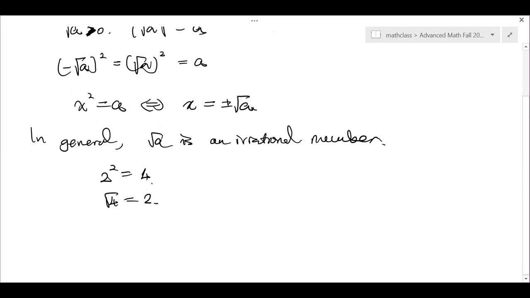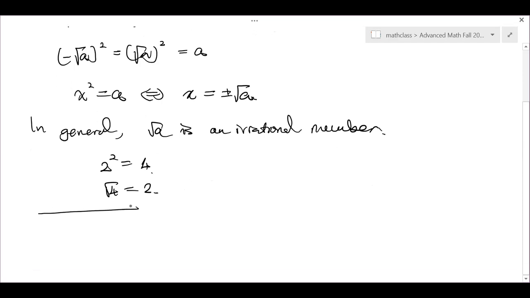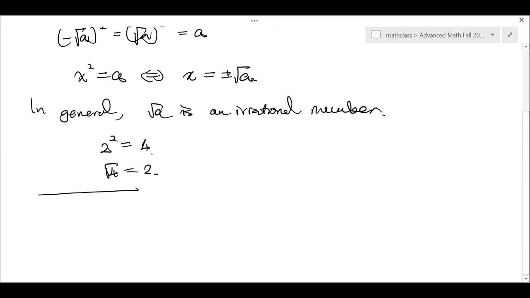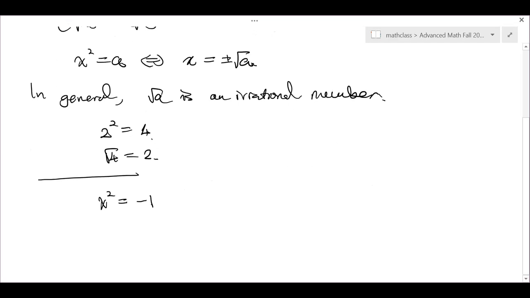Now what happens if a is negative? If you look at this equation, it has no real solution.